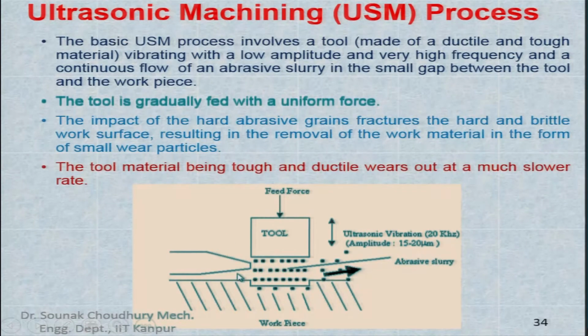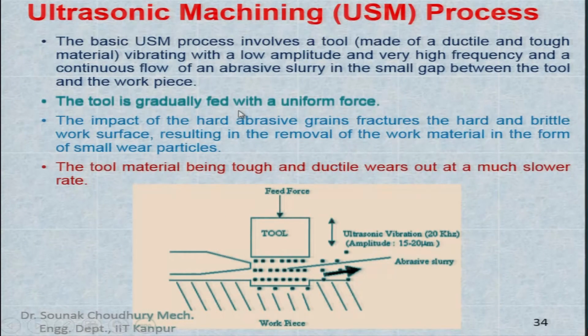There is a nozzle through which the stream of abrasive slurry is passed, and the tool vibrates. This stream of abrasive material is passed through the gap between the tool and the workpiece, which is the stand-off distance, which we have already discussed.